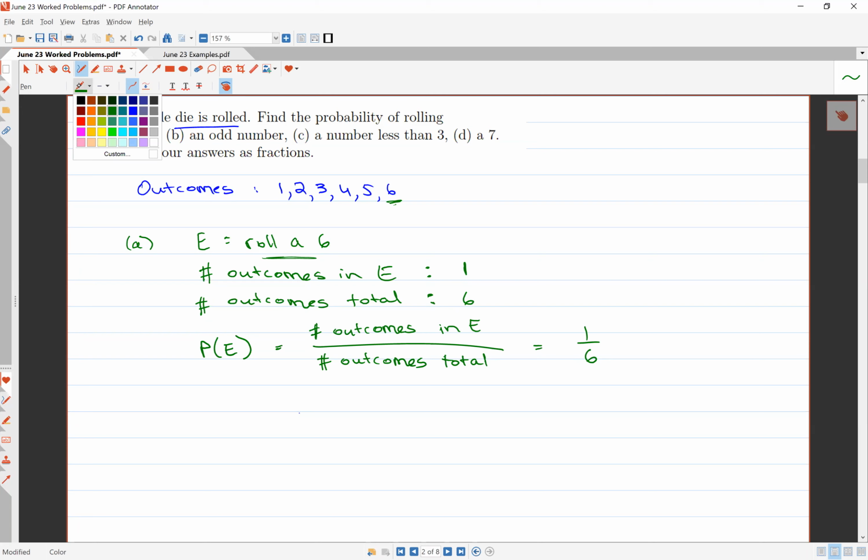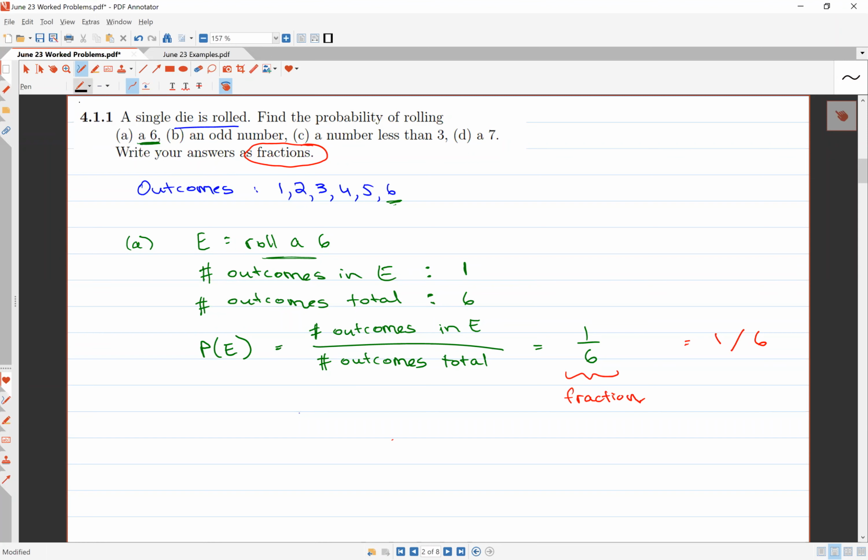And when you're doing the homework later on, you'll see the homework will either ask you to represent something as a fraction or it'll ask you to write it as a decimal. This is how you would represent it as a fraction. On the homework, you would just enter 1/6.